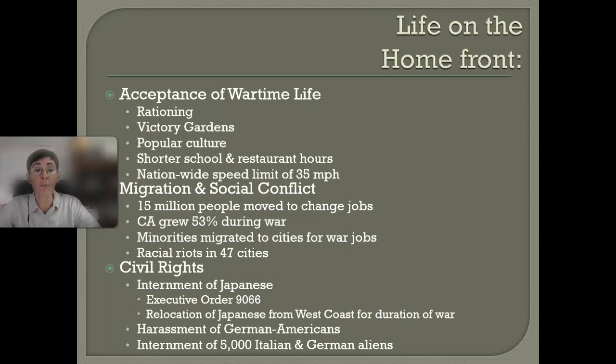But unfortunately, the Supreme Court upheld the order because they said in times of war, the U.S. government has more powers and can suspend certain civil liberties, just like they did in World War I. They upheld certain things that should have been deemed unconstitutional. So this was one of the horrible results of the war, the internment of the Japanese and other resident aliens.